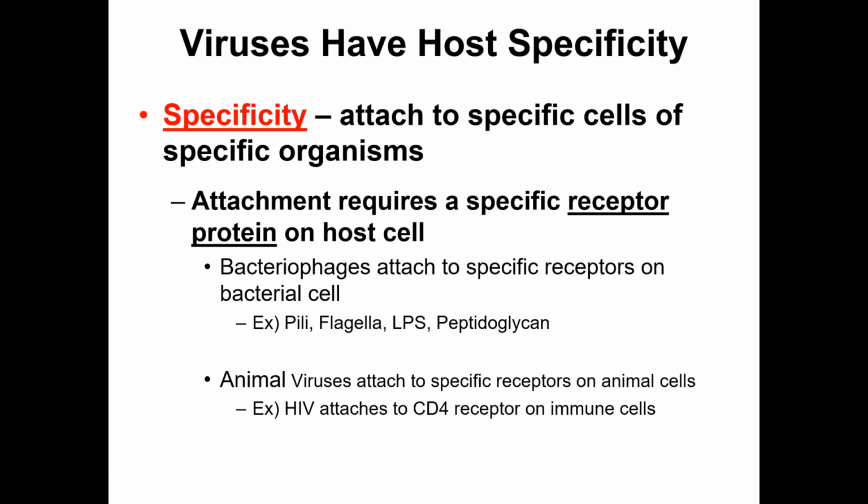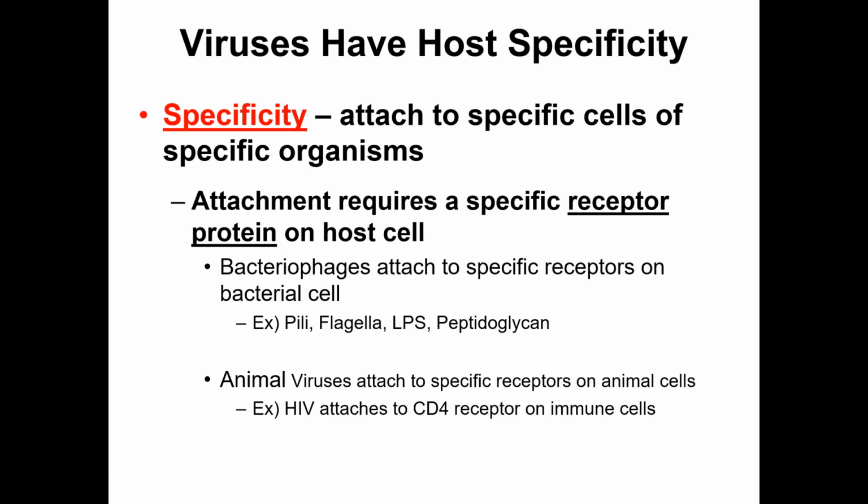Another great example to illustrate this pickiness, this specificity. HIV. Right? HIV infection leads to AIDS, where your immune system is gutted out. HIV really, really likes your helper T cells, the brains of your immune system.